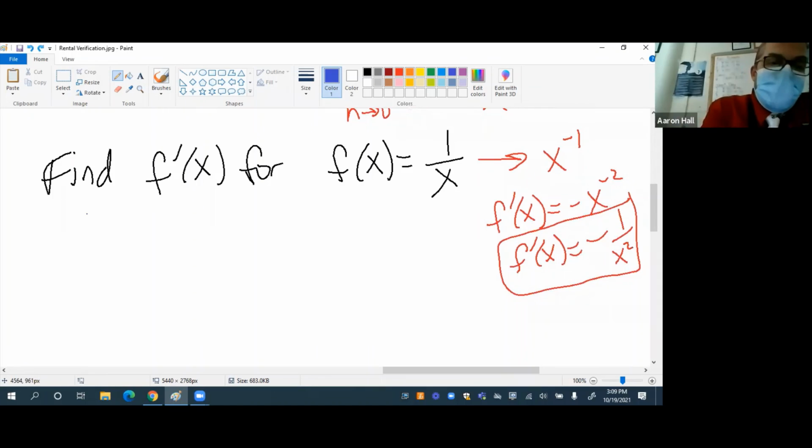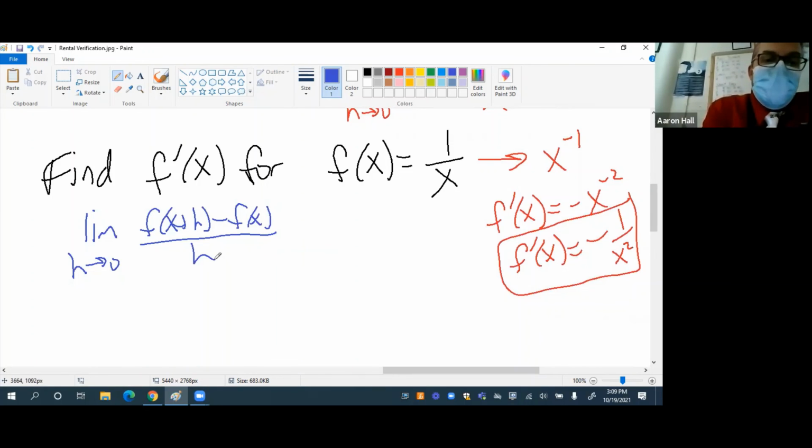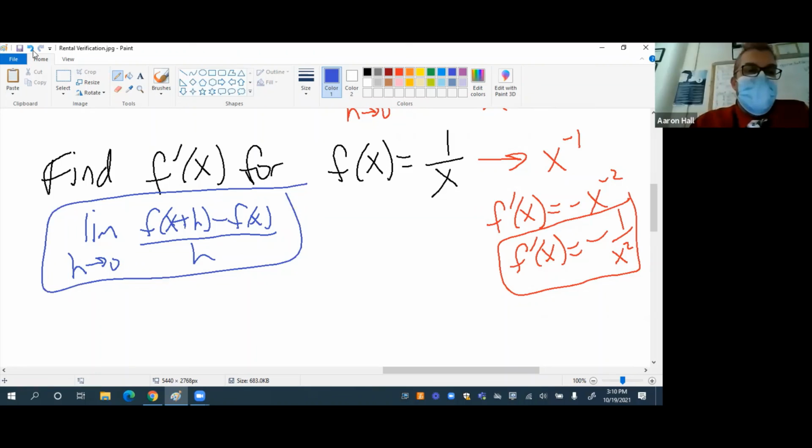Okay, now this other idea of the limit as h approaches 0 of f of x plus h minus f of x over h is not something we're going to use very much. We are going to use the shortcut for most of this class. But you are expected to remember how to do this for your AP test.